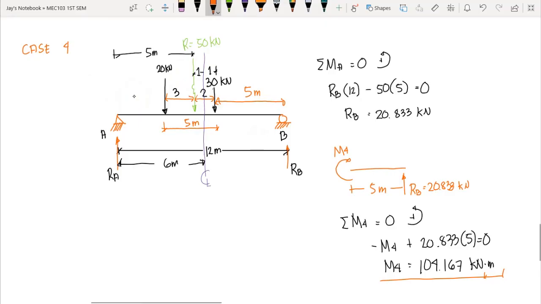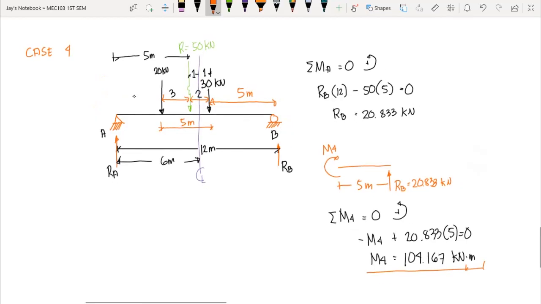So it can come back here. Then we go again to the previous procedure, and we would repeat that procedure. So in that case, we do not need to do that, and we go directly with the 30 kilonewton. Okay? So we have this case number 4.